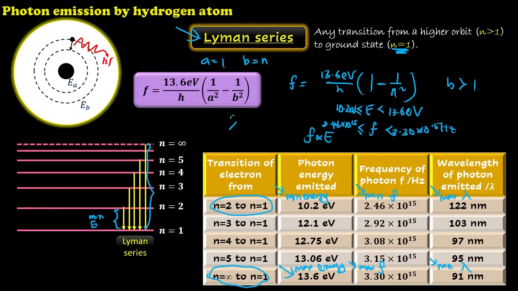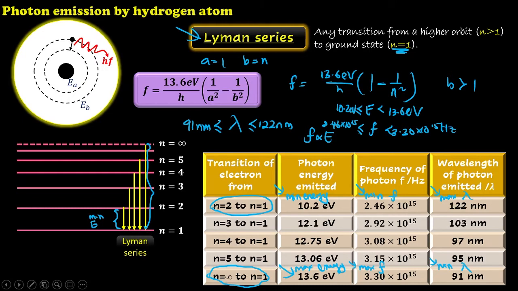Well, for wavelength, it will be in between 91 nanometers and 122 nanometers. So it means that the Lyman series will produce photons with wavelengths in between these values.